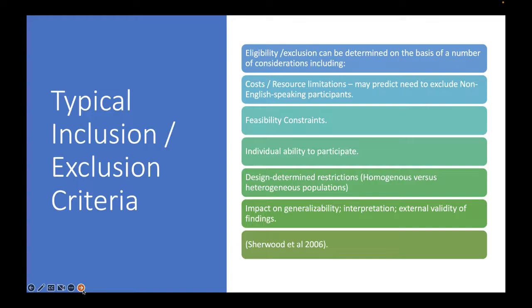So if you were doing a study that's studying final year students, you might say you only want final year students who've actually been coming to class. The ones who have not come to class are not included. So that becomes a form of criteria that you're using to decide what's included and what is not included.